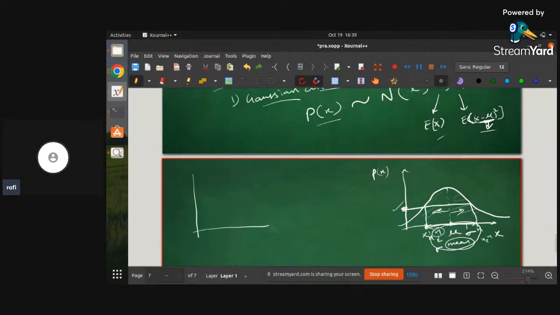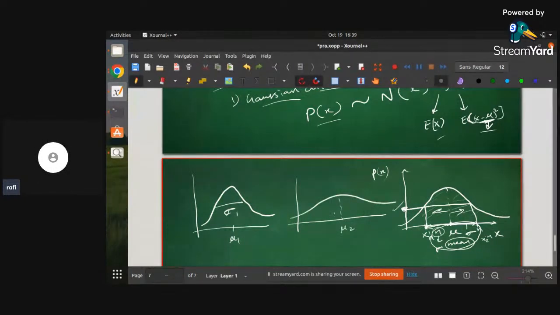It's a kind of bell-shaped structure. So you know a bell. For example, if you take a Gaussian distribution having mean mu1, generally denoted like this graphically, and you have another Gaussian distribution like this, with parameters mu 2 and sigma 2.